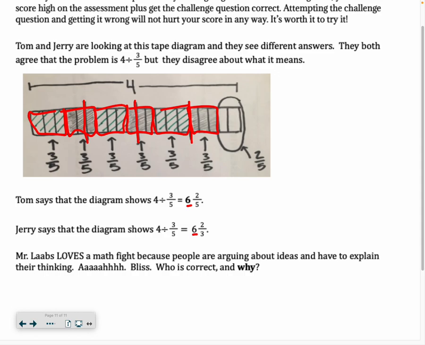And then you have this remaining part. Okay? So this is where you have to interpret that remaining part as what part of a group that is. Okay? Our group size is 1, 2, 3 boxes.